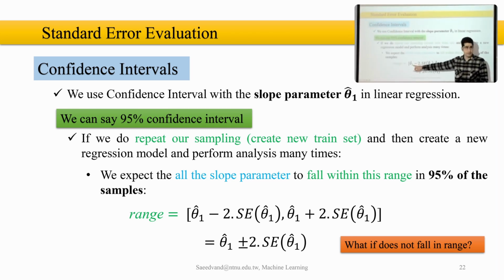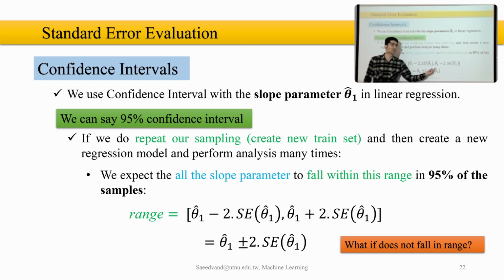Theta hat 1 subtracted by 2 times the standard error of theta hat 1 is the left side of the range, and the right side is theta hat 1 added by 2 times the standard error. So we can simply write the equation as theta hat 1 plus or minus 2 times the standard error of theta hat 1.